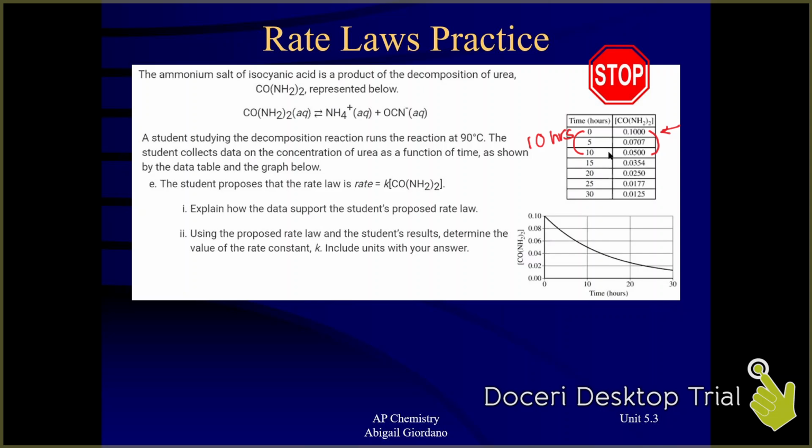Well, what if another 10 hours goes by? Was this amount right there cut in half? Yes, it was. What if another 10 hours goes by? Was it cut in half again? Yes, it was. We're seeing a consistent half-life of 10 hours. You can see it on the graph as well, that every 10 hours the amount is cut in half.